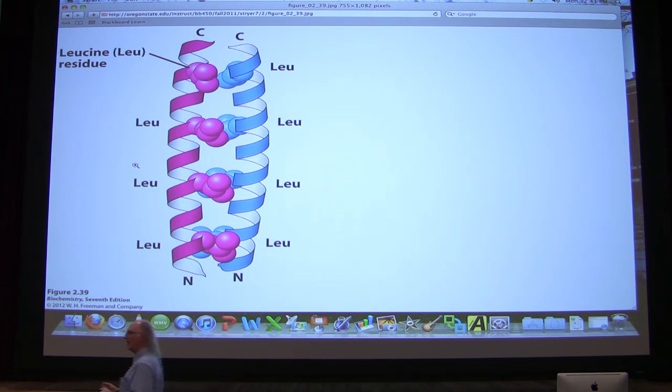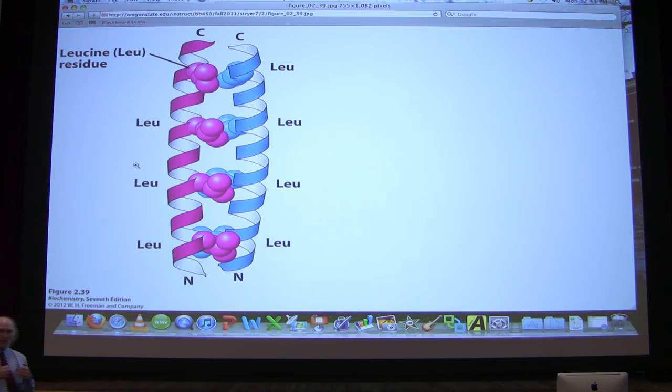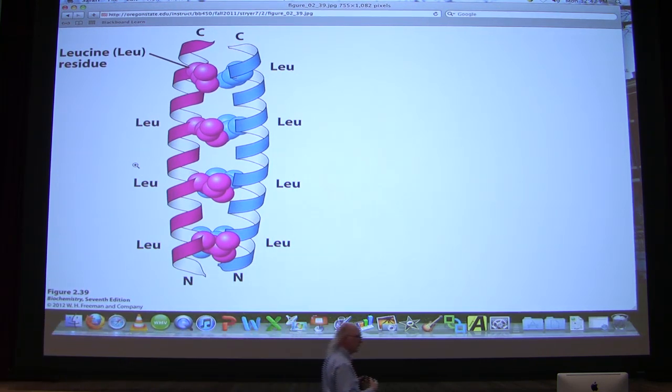And that peeling apart is going to be relatively easy to do because these are only hydrophobic interactions that are actually helping to hold these leucines together. We'll talk a little bit more about that in a bit. Okay? So leucine zippers arise because of the regularity of the alpha helix. Okay?